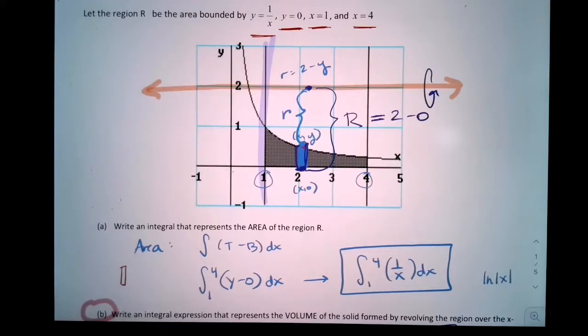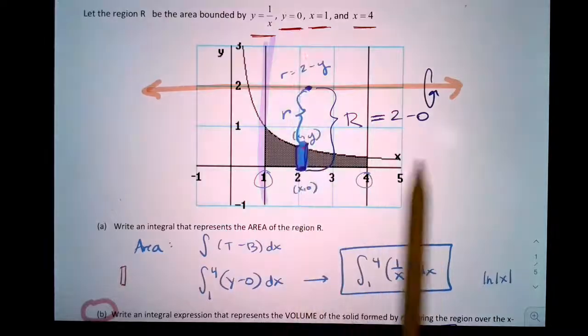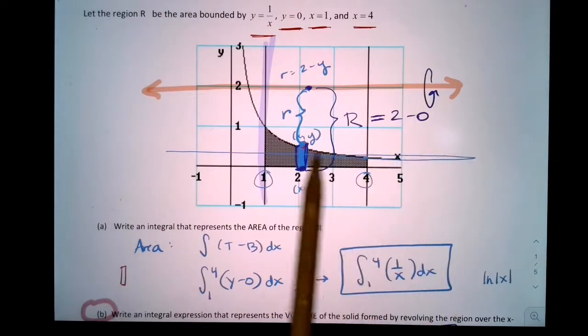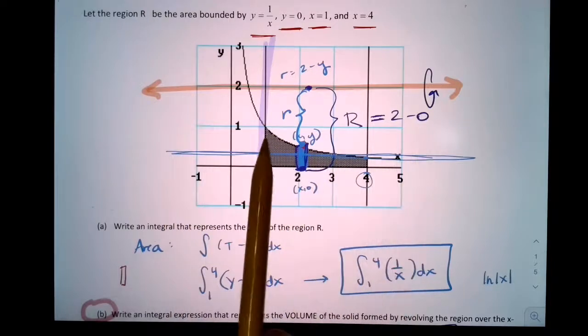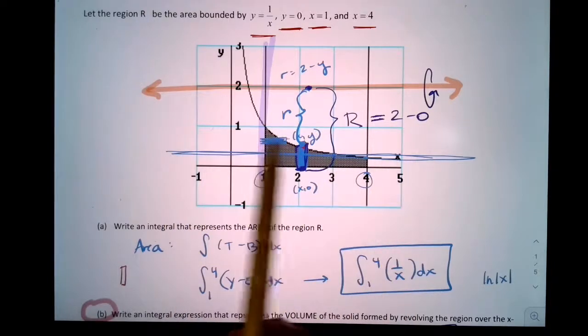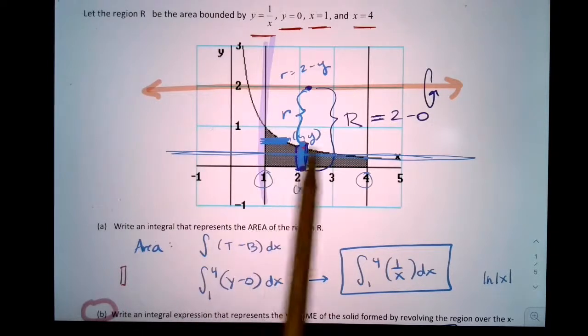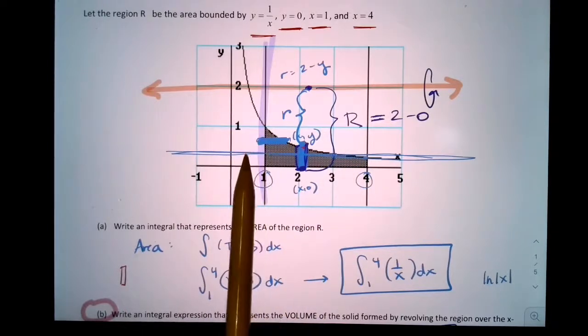If you think about this, we've got a little bit of an issue here, because all I know how to do in volume right now is to draw a rectangle perpendicular to the axis of rotation. And this is a problem for this particular section, because you've got this breaking point, right here. I'm just going to draw this line in. If you're above this line, if you draw your rectangle perpendicular, then you've got the right endpoint on y equals 1 over x and the left endpoint on that vertical line.